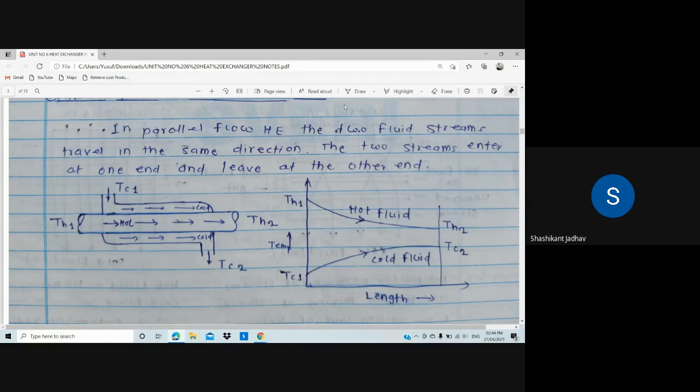The two streams enter at one end and leave at the other end.